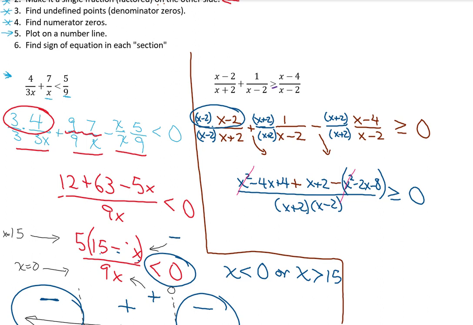Let's see, what else do we have? We have a minus 4x. We have a plus x, so that's minus 3x, and then minus a negative 2, so that's plus 2. So minus 3x plus x is negative x. We have 4 plus 2 is 6, plus 8 is 14.